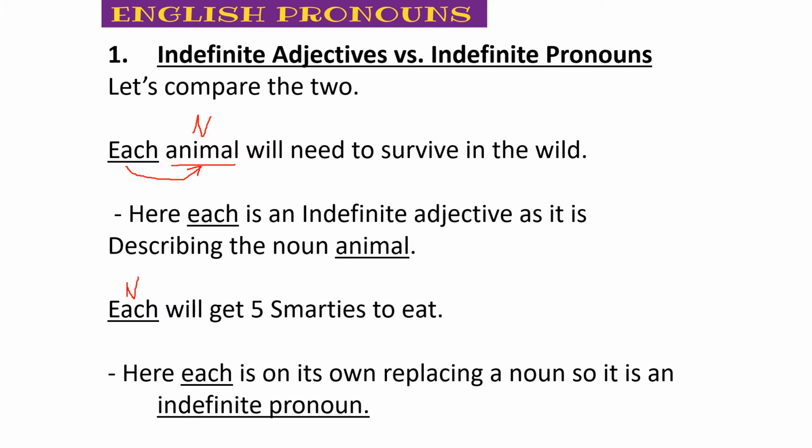I don't know each person, each mammal, each planet, each star. It's still vague, but it is on its own there. It is describing nothing. Whereas here is one concept, each animal, where each describes the animal. That's why it's an indefinite adjective. But down here, each is on its own, so it's an indefinite pronoun.